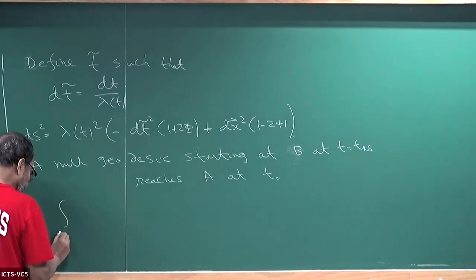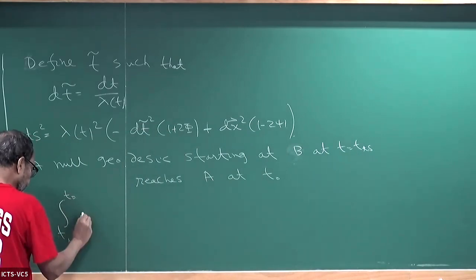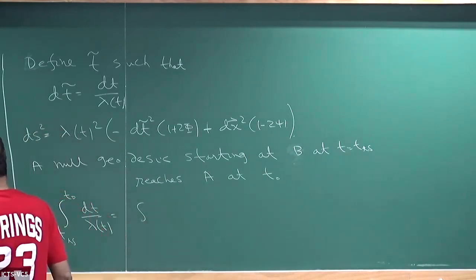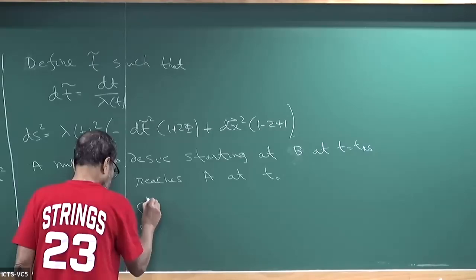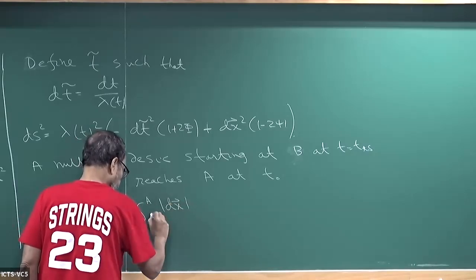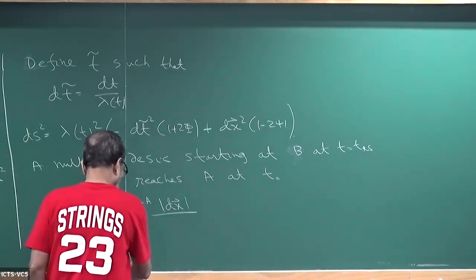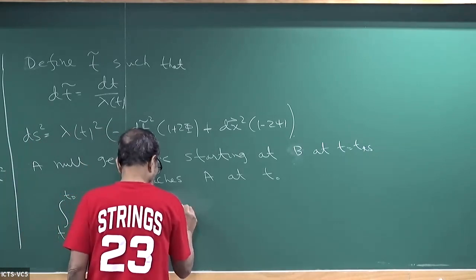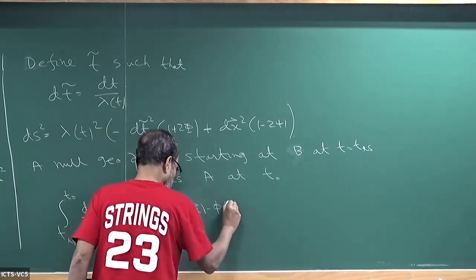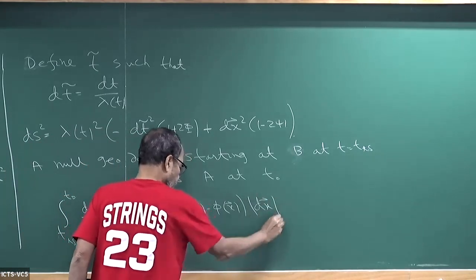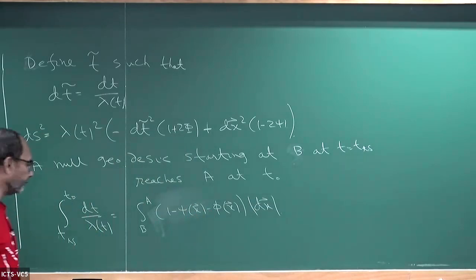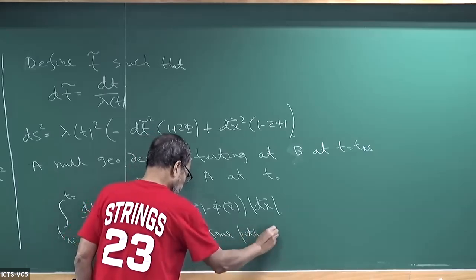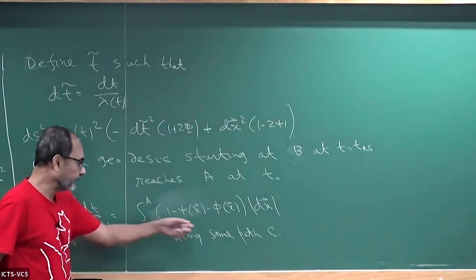Then you have the equation: integral from t_LS to t naught of dt over lambda t is equal to the integral from B to A of dx, along some path C. We have to say the path, because depending on the path, this integral can change.